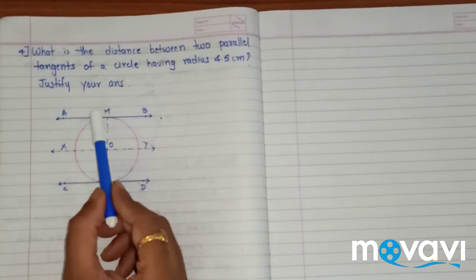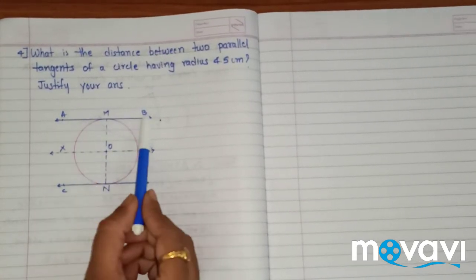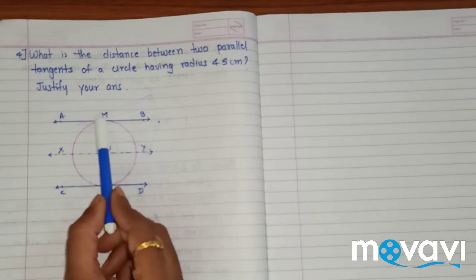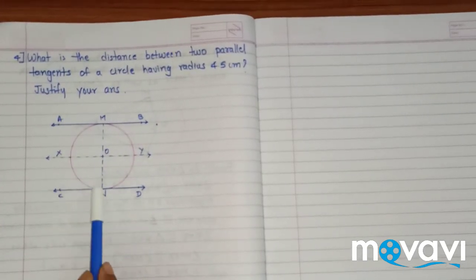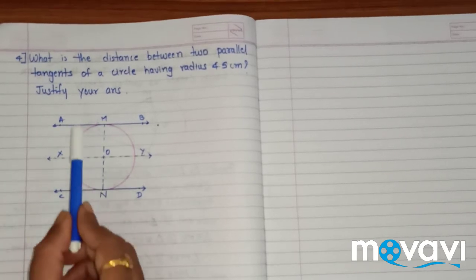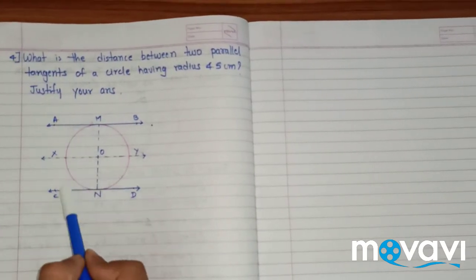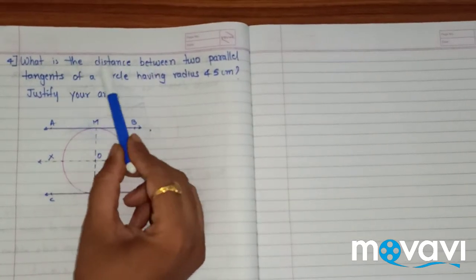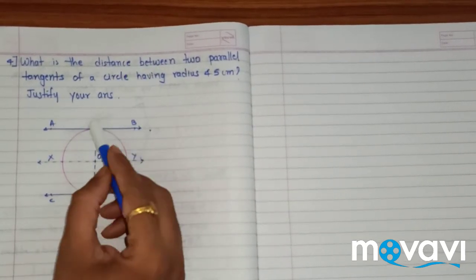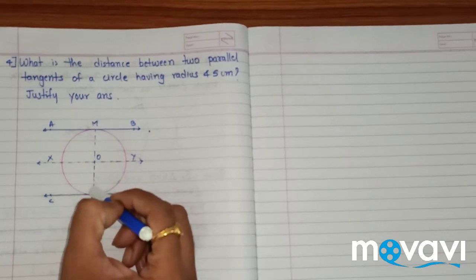There are two tangents and they are parallel to each other. I have taken AB as one tangent at point M. The second tangent is CD at point N. And what is given? That they are parallel to each other. The distance means you need to find MN.